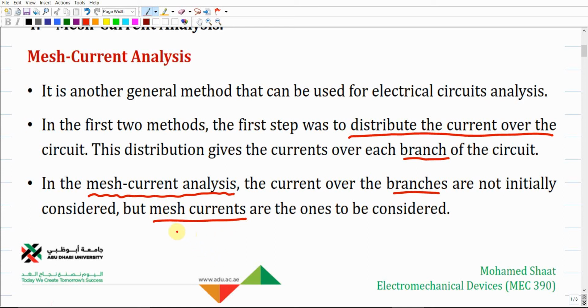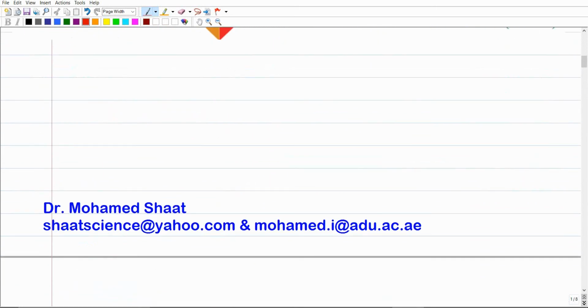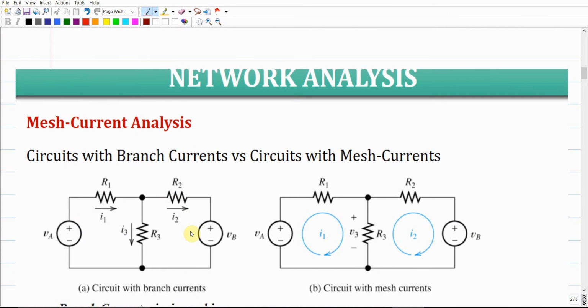So what is the difference between the mesh current and the current over a branch? This is the difference between the mesh current analysis method and the first two methods we explained before. Here we will not distribute the current over the circuit. Instead, we are just going to define some mesh currents.